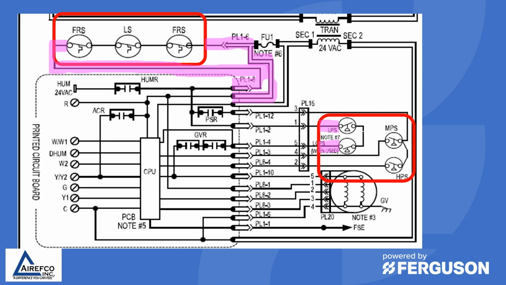And also with the pressure switches where they go into, in this case, plug PL15, you need to check and see if the board or the plug is showing that that switch is closed. This is often overlooked by technicians who think the switch is closed by their continuity check, but they don't consider there could be a break in the wire or there could be a loose connection between the switch and the board.